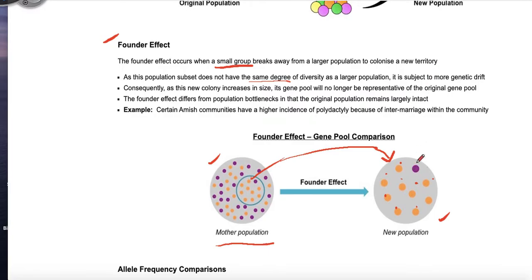Now, sometimes these changes don't necessarily mean that there is going to be a change in species per se. The example that they give you here of a founder effect is how certain Amish communities have a higher incidence of polydactyly because of intermarriage within the community. So if we think of the Amish population here as this new population that's broken away from the greater population, right?